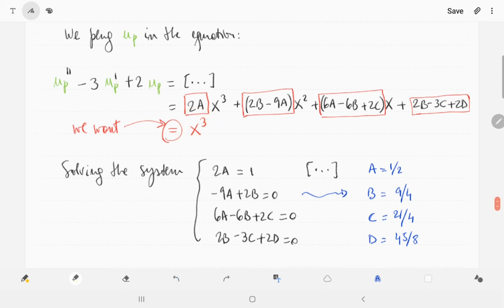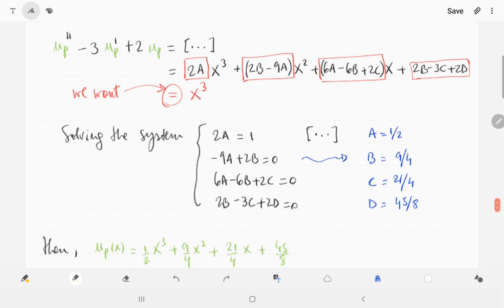So we force this identity, and for it to be true, this 2a has to be the number that appears in front of x to the power 3. So here is the first equation. Then we have 0 on this side of the identity, so these other numbers have to be 0, and that's what we have here, these equations.